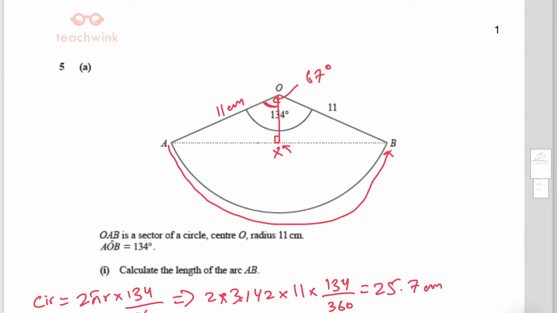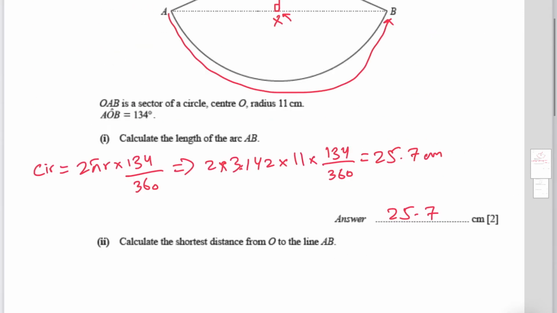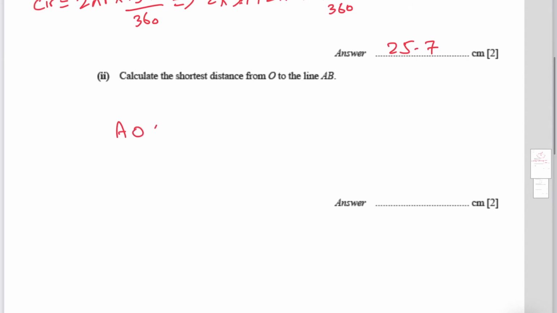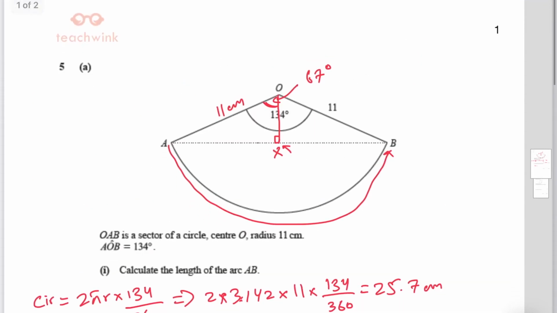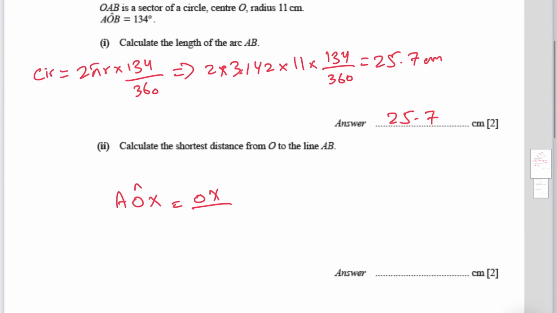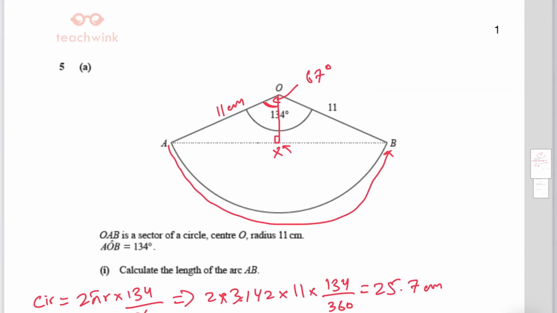So let's use trigonometric ratios to find the length of OX. What's the angle? AOX. And what are we trying to look for? OX over OA. That means it's the adjacent over the hypotenuse.